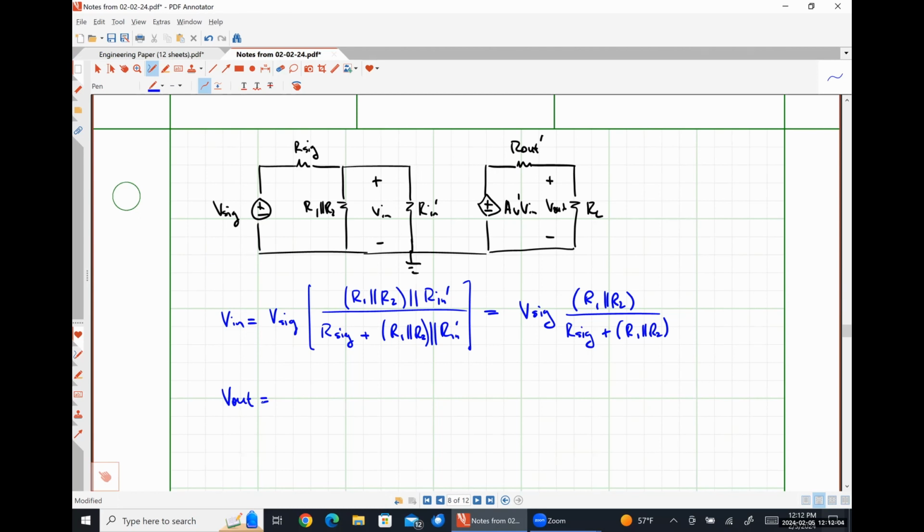The Vout is just going to be Av prime times Vin times RL over Rout prime plus RL.